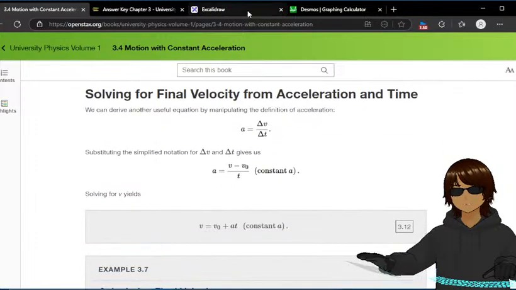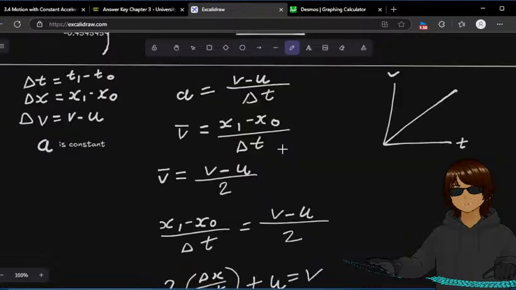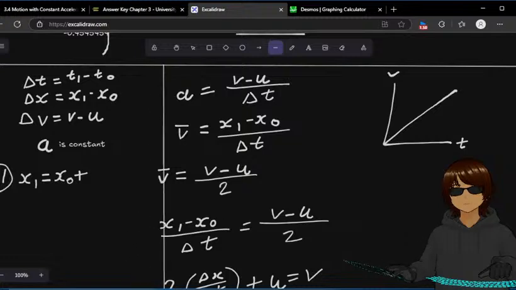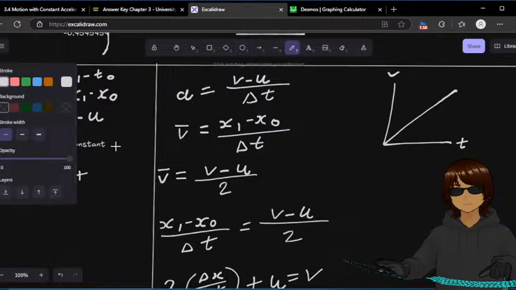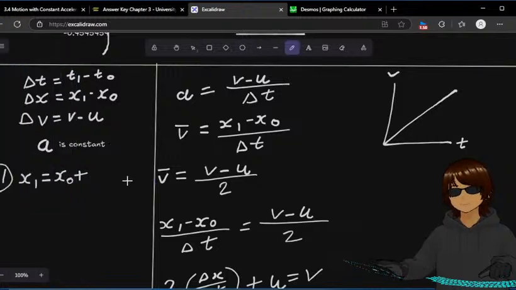Oh yeah, since acceleration is constant, acceleration is also this. So the first equation they got was from this, x0 plus it with the average velocity.